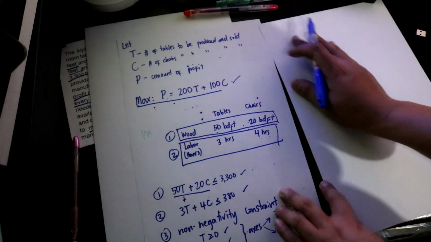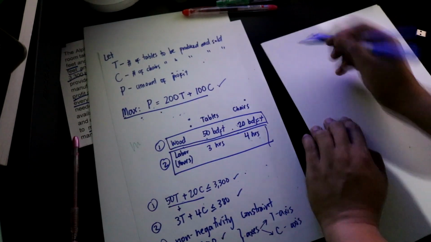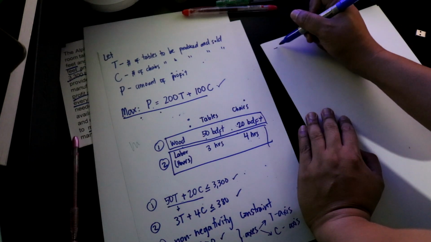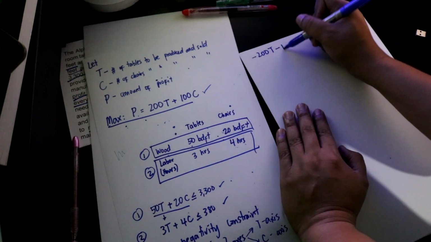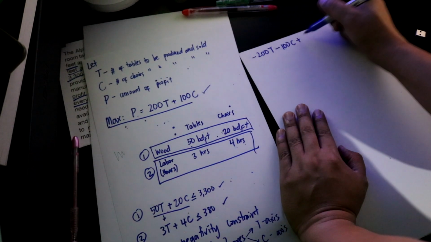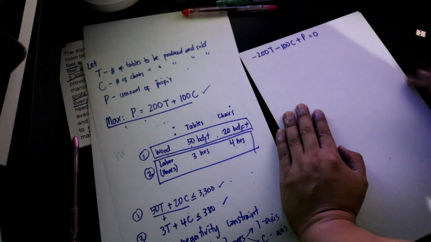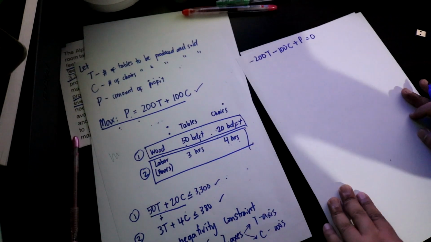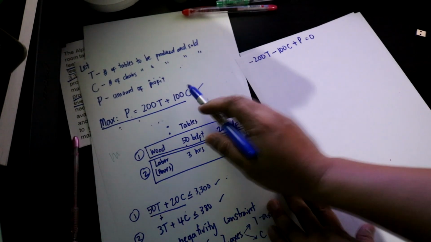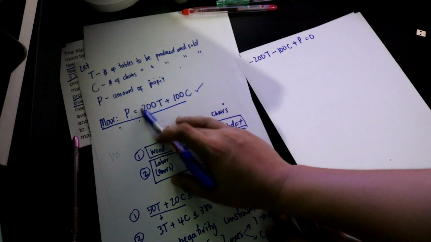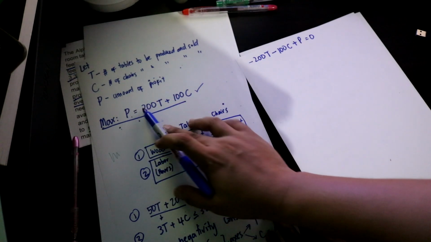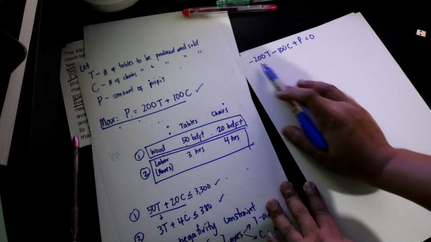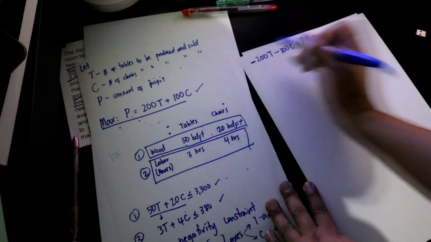So our objective function now becomes negative 200t minus 100c plus p is equal to 0. Take note, we have just transposed this. Of course, if it goes to the other side of the equation, the sign changes. So that's why it's negative here.